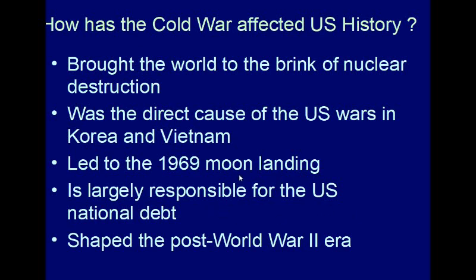So nowadays we also have to speak about a large US-American national debt. And it's true, it shaped the post-World War II era. And also nowadays we can speak by considering the tensions coming from modern Russia with President Putin.